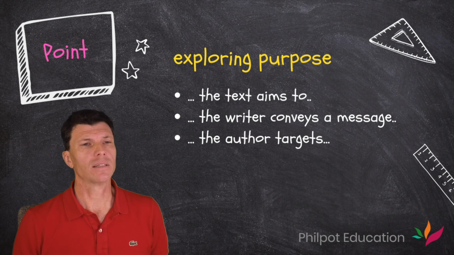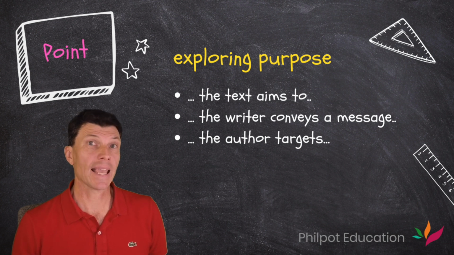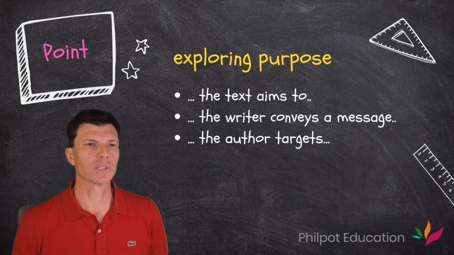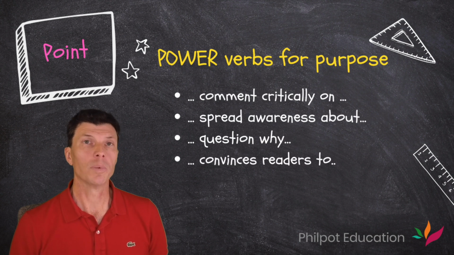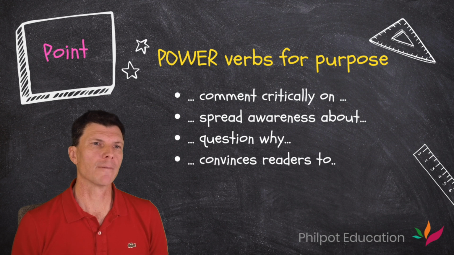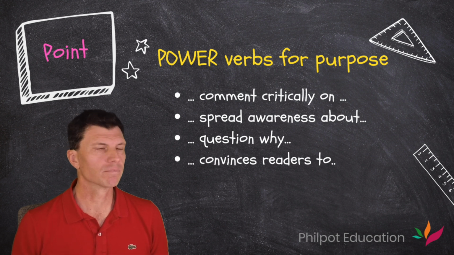And here we see verbs like "aims," which is very clearly about purpose, or "conveys a message of," or "the author targets," right? This gives a sense of purpose, and you'll need a power verb or two or three in that opening point as well, that topic sentence for each paragraph. Phrases like "comment critically on" are super important.